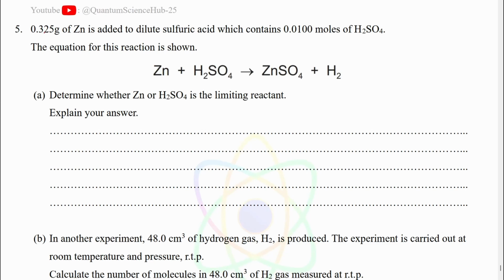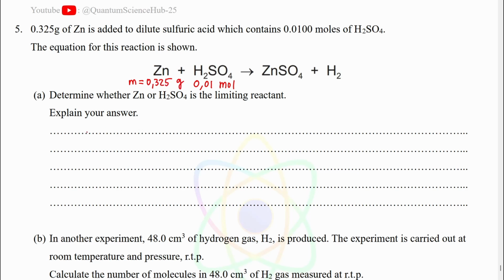Question 5. 0.325 gram of zinc is added to dilute sulfuric acid which contains 0.01 moles of H2SO4. The equation for this reaction is shown, and determine whether Zn or H2SO4 is the limiting reactant. Okay, so we know the number of moles of H2SO4 is 0.01 mole. We know the mass of zinc here is 0.325 gram.